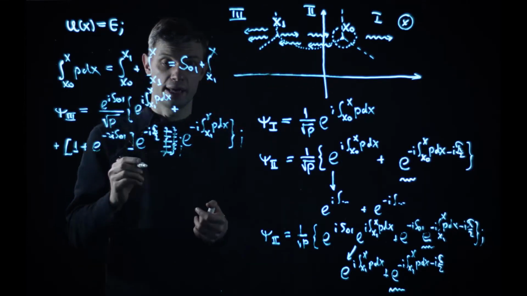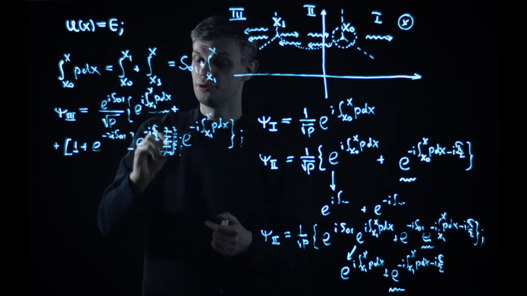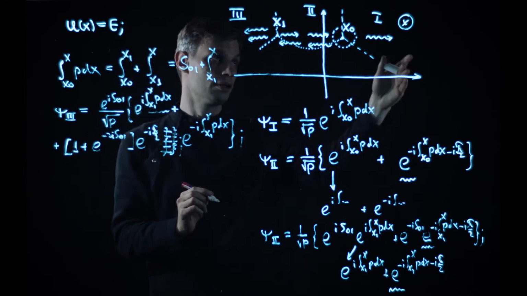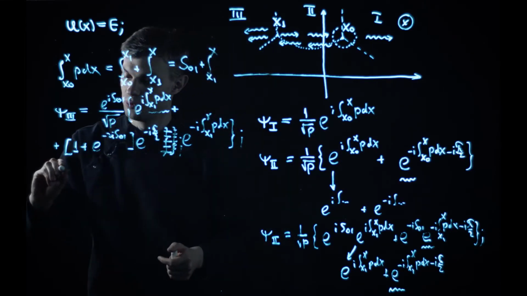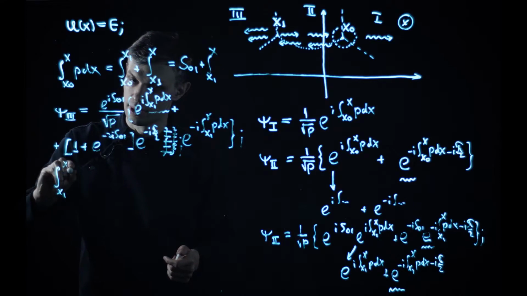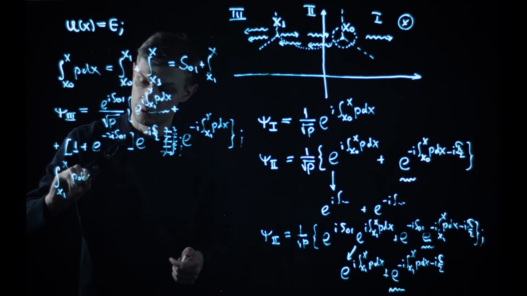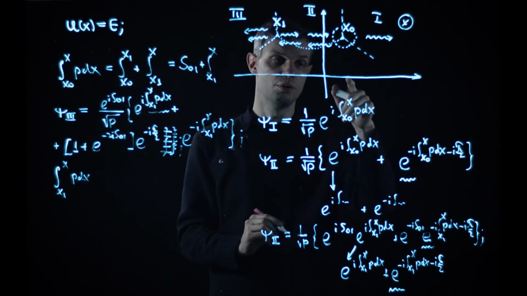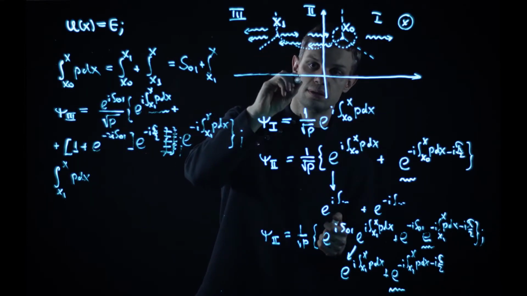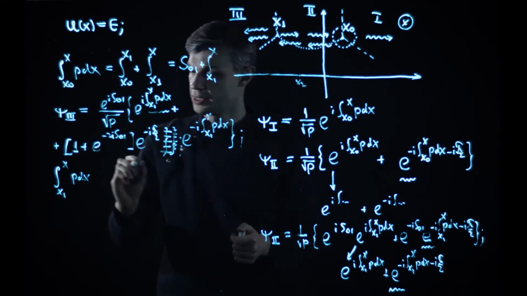And our last step is to return these exponentials, or these exponents, onto the real axis x. So we do this with the following simple trick. We choose some point, I don't know, x2 on the real axis.